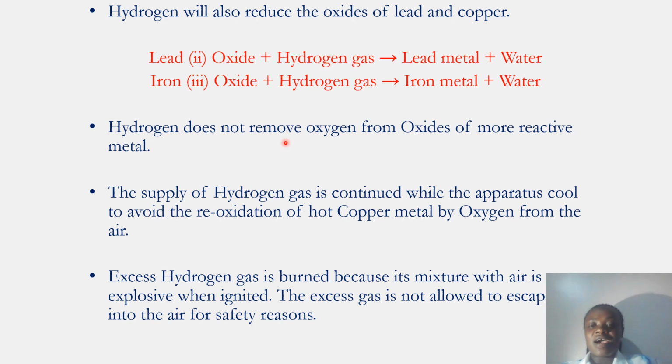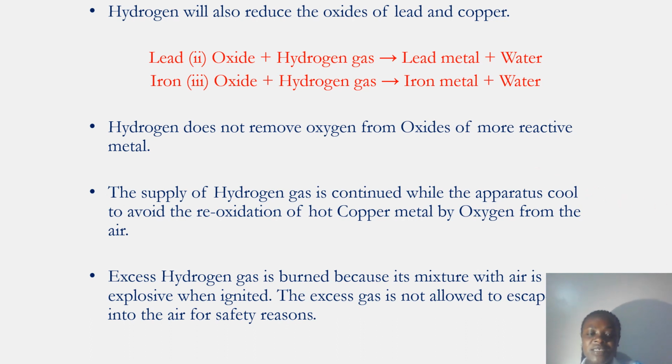So when we are done with our experiment, after we observe that copper-2 oxide has been reduced to copper metal, we continue with the supply of hydrogen gas, and this ensures that the copper metal that was formed after reduction is not again reoxidized by the air to go back to copper-2 oxide. Then excess hydrogen gas is burnt because its mixture with air is very explosive when it is ignited. So it is not allowed to pass.